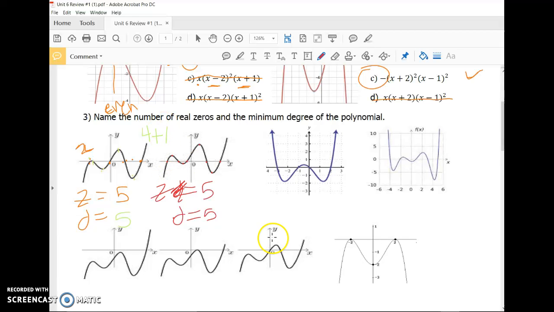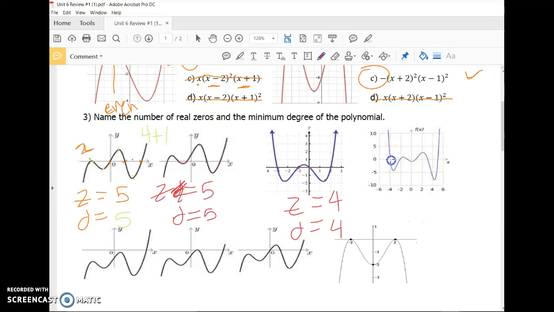Okay, let's try this one. This one has 1, 2, 3, 4 zeros. And its degree would be 1, 2, 3 plus 1. So that would be a degree 4.